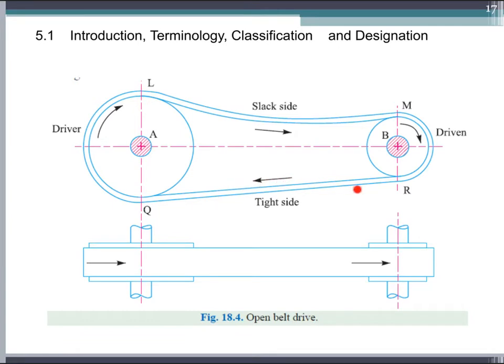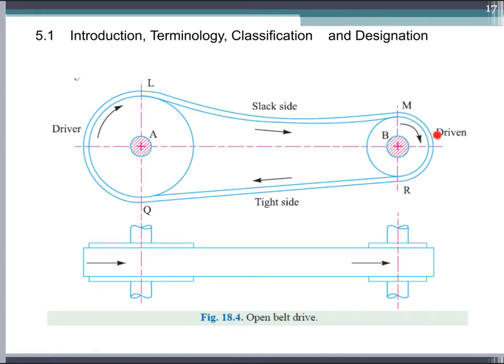And then on the slack side, when the driver pulley rotates and comes to the L point, the belt just moves itself without power, with no motion imparted.